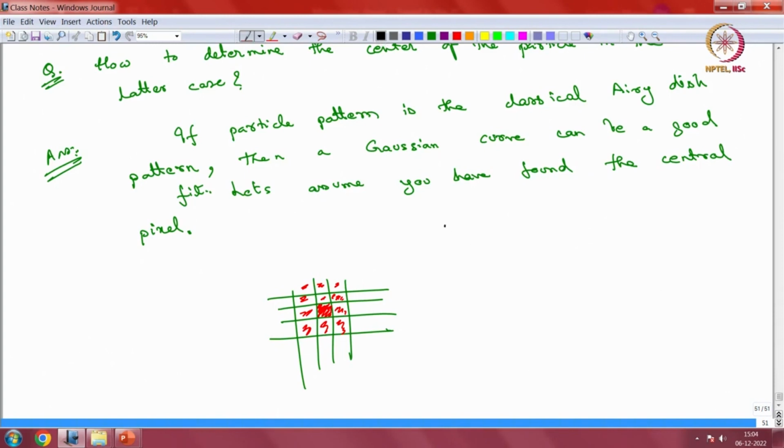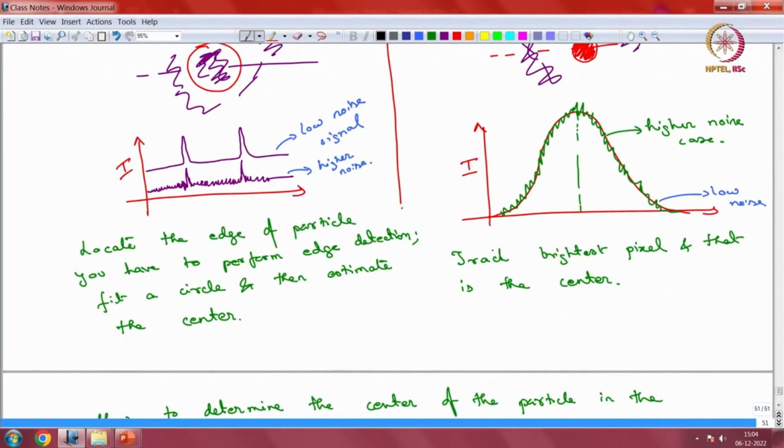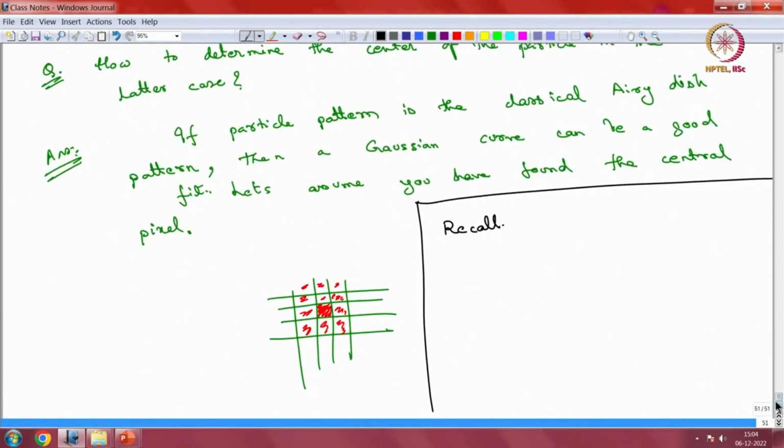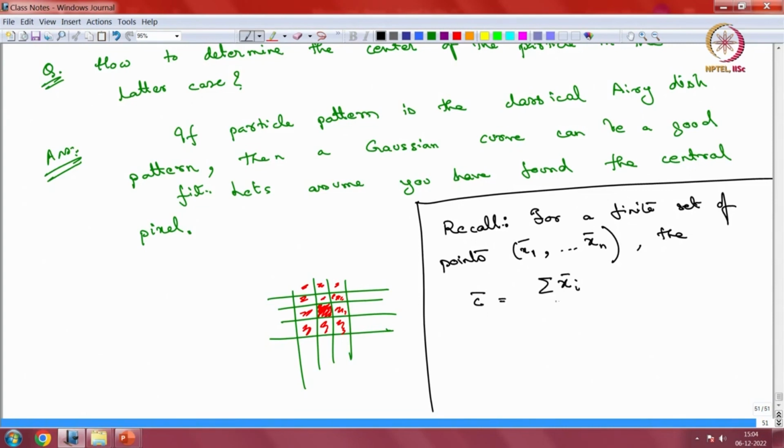Now if you recall, I am just going to take a quick mathematical detour here. Recall, for a finite set of points x1 to xn, if C is the centroid, then it is nothing but summation xi by n, right.